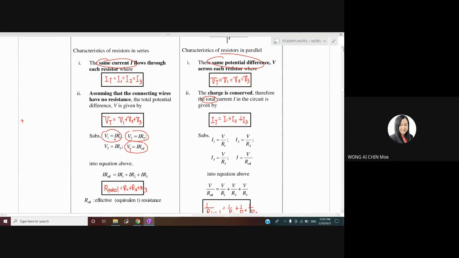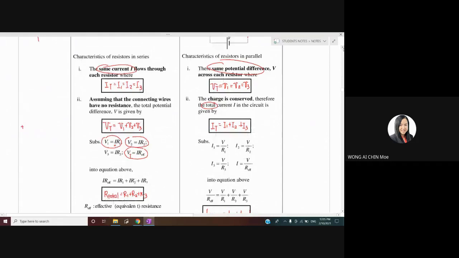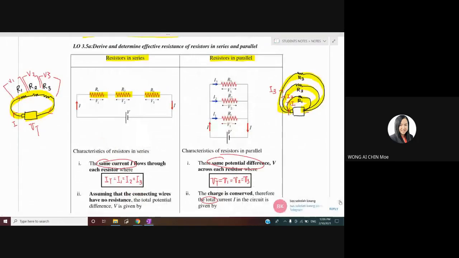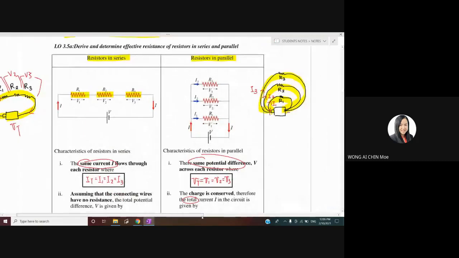Next, resistors connected in parallel. If the resistors are connected in parallel, meaning that each resistor is connected directly from the positive terminal and then back to the negative terminal. So if there are three resistors in parallel, we have three loops, 1, 2, 3, and the three loops are directly connected from the positive terminal to the negative terminal.